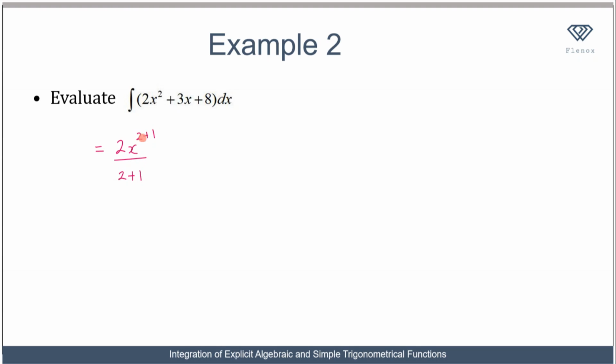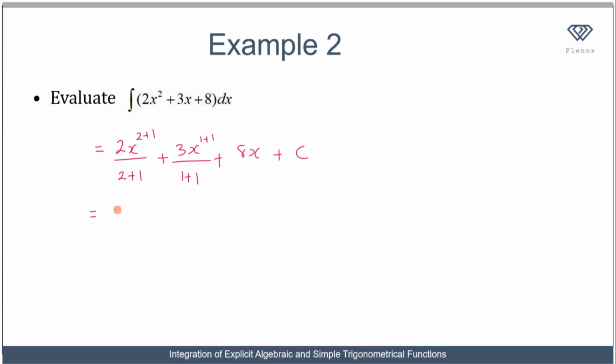Very soon I'm going to be skipping this long process, but I'm doing it for now so you can get familiar with it. Plus 3x, my power here is 1, so the new power becomes 1 plus 1 over 1 plus 1, then plus, I told you that when you integrate a constant you just have 8x, and never forget to include your constant of integration, so plus my constant of integration.